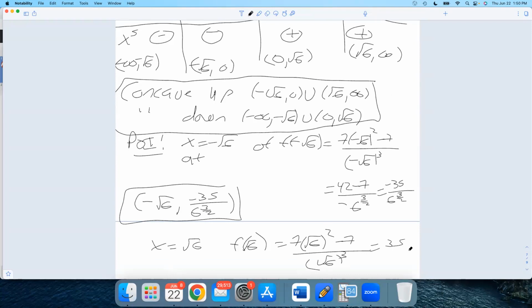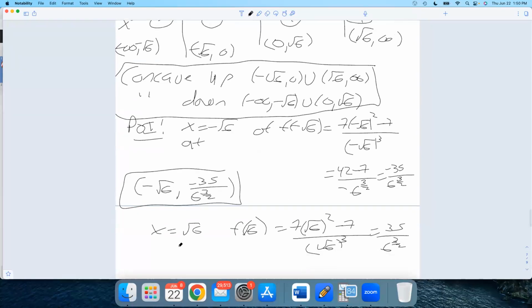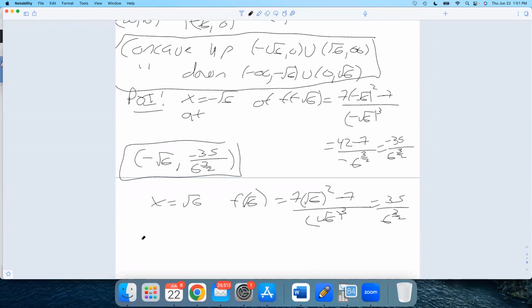I get 35, and on the bottom, I just get a positive number, 6 to the 3/2 power. So that would be positive root 6. Oops. 35 over 6 to the 3/2 power. 2 points of inflection. Let's put those on the graph.